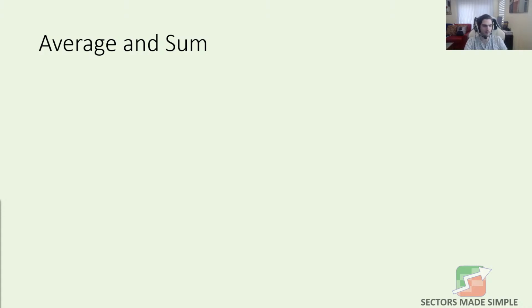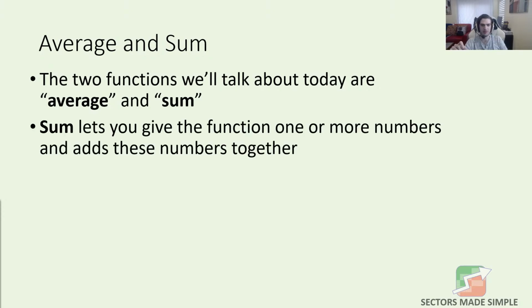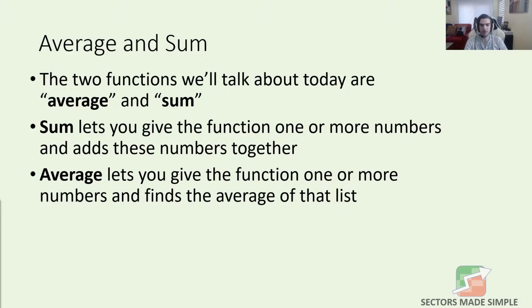Average and sum are two of the most simple functions. Sum gives us the ability to take one or more numbers and add them all together. Average, we should already be familiar with. Just like in stocks, we have a moving average, which is if I took all of the numbers, added them up, and divided it by the count of those numbers, it gives us the middle point.